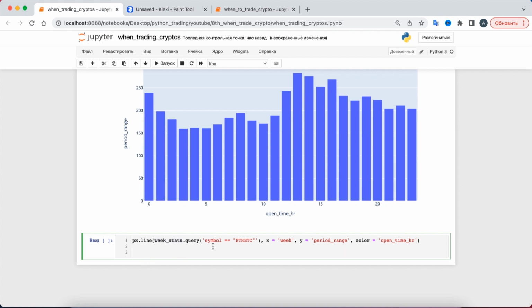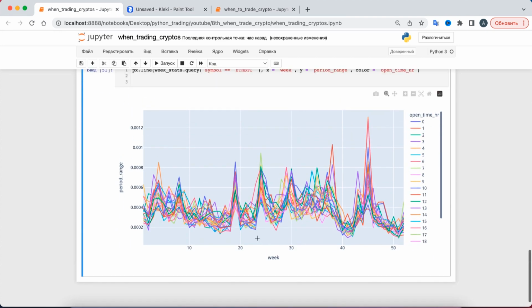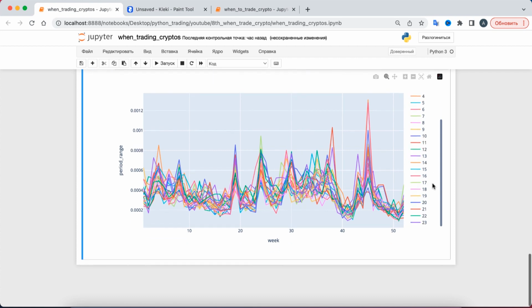This time I choose a filter, Ethereum to BTC quotes. Don't be scared. Here are a lot of hours in dynamic lines.